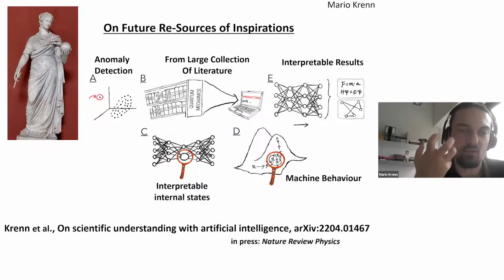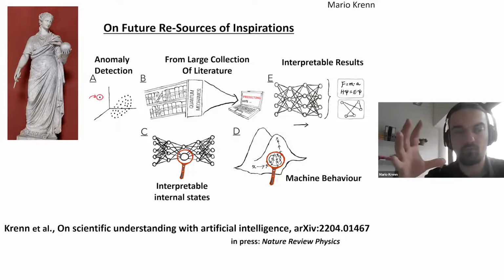So you can see some shift of coordinates that seems to be better for the machine to use. You can see them in the internal states of the neural networks.